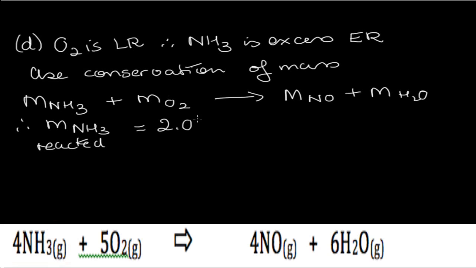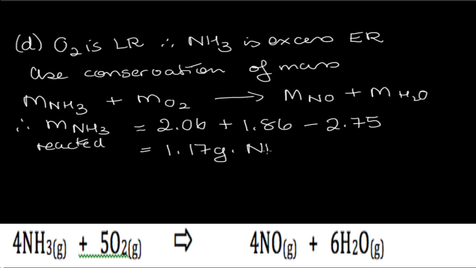2.06 plus 1.86, all these numbers are above, subtract the 2.75 for the oxygen that was given, and this comes to 1.17 grams of ammonia. Okay, so that is what was reacted.